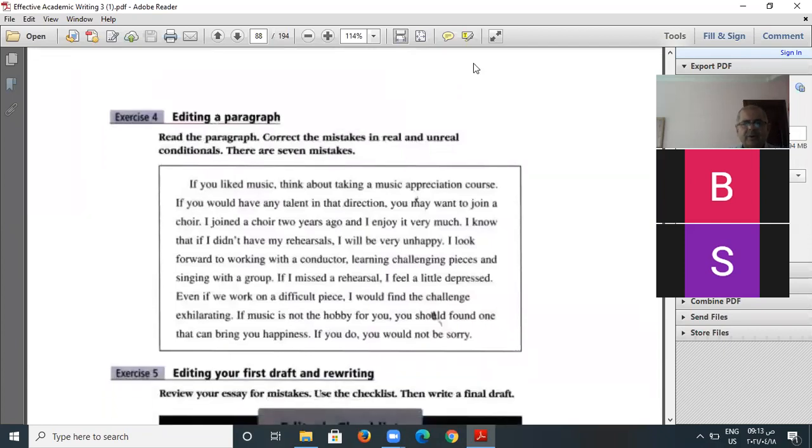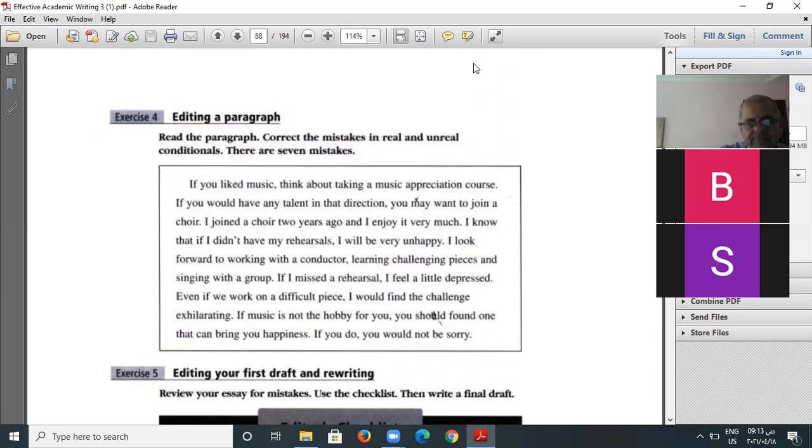Now exercise 4, editing a paragraph. Read the paragraph. Correct the mistakes in real and unreal conditionals. There are 7 mistakes. First thing, if you like, it becomes like because it's real.